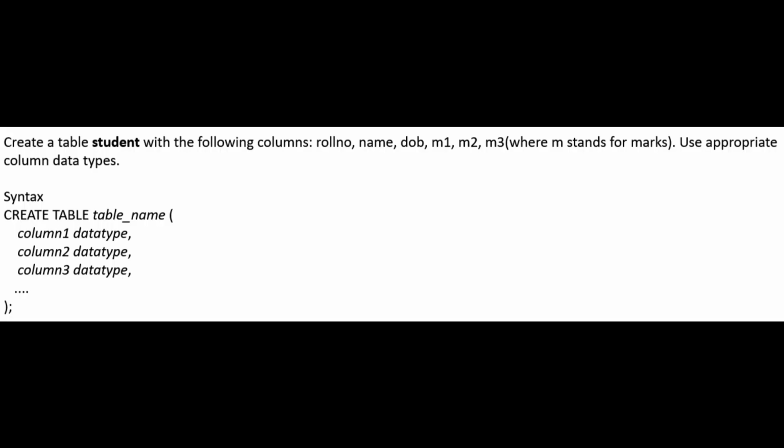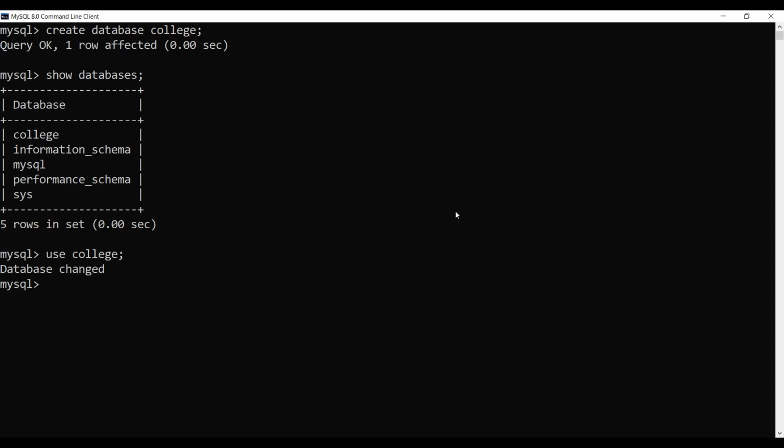Next we will create table student with the following columns: roll no, name, DOB, M1, M2, M3, where M stands for marks, using appropriate column data types. The create table syntax is as follows. Make sure to use the round brackets, and each value should end with a comma except the last one.